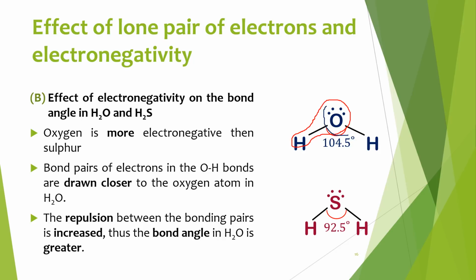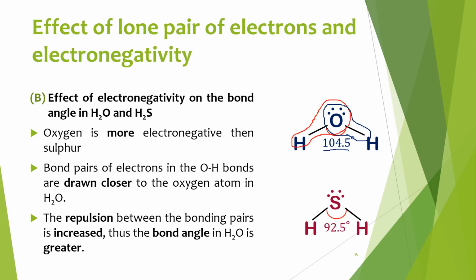So you have this bonding, the electron cloud. When both of these electron clouds, the blue electron cloud and the red electron cloud, collide at the center at the oxygen, it will push the bonding pairs further from each other. So that's why the bond angle is high rather than in sulfur and hydrogen.